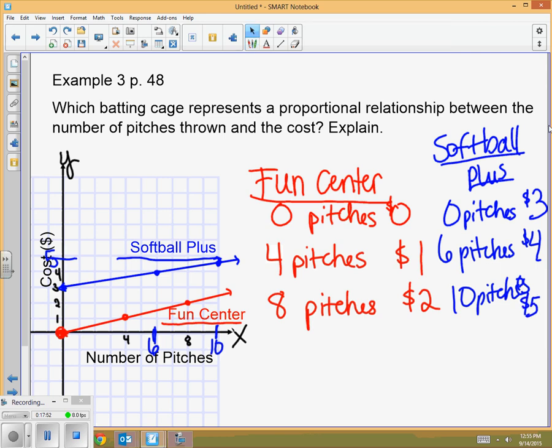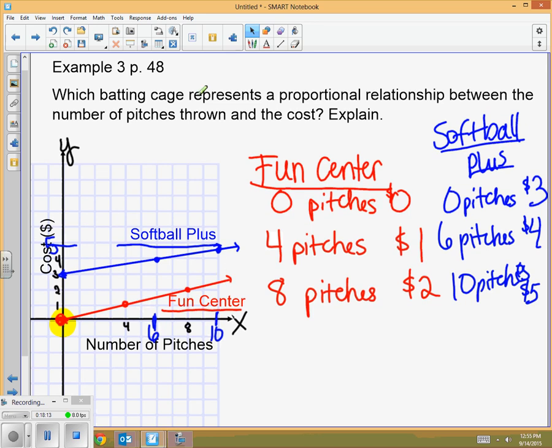By looking at these two graphs, I can tell which one is proportional automatically just by looking at the point of the origin. By looking at the origin, it's clear that Fun Center is the only graph that passes through 0, 0. So Fun Center is proportional.